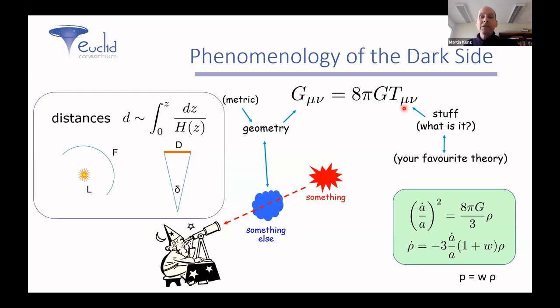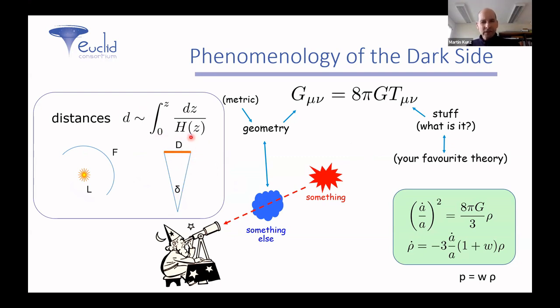And more explicitly, if we now look at a background Friedmann, Lemaitre, Robertson, Walker type universe, then the observation that we do here are distances. So either luminosity distance for supernovae, but actually for Euclid, it's more the BAO distance where we have a known scale, and we observe the angle under which we see that known scale on the sky.